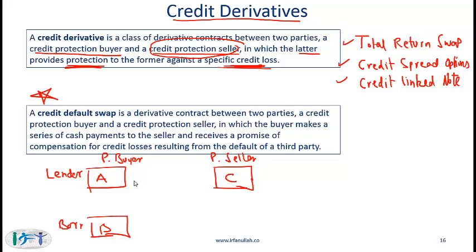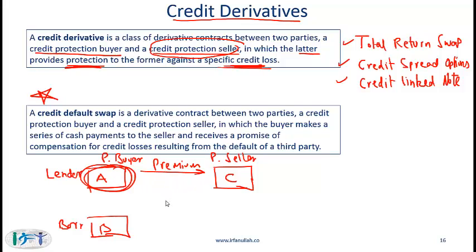seller. In order to buy this protection, party A will pay a premium, and you can think of this as an insurance premium where party A needs to pay this premium on a routine basis. It might be quarterly or annual, and in return party A is getting protection.